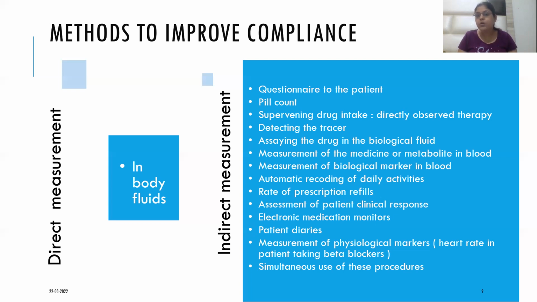Patient diaries, and we can also know the physiological markers, like we give beta blockers in the case of tachycardia, and so we can know the heart rate of the patient, meaning how much decrease in heart rate has occurred, according to whether the drug was taken or not. We can use these procedures simultaneously, regularly, as and when required.